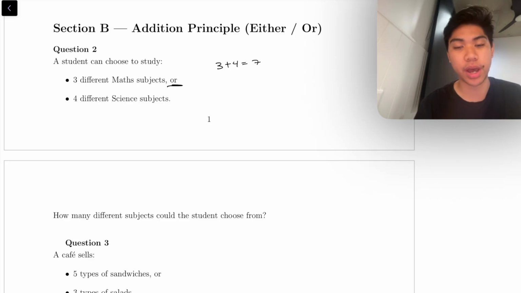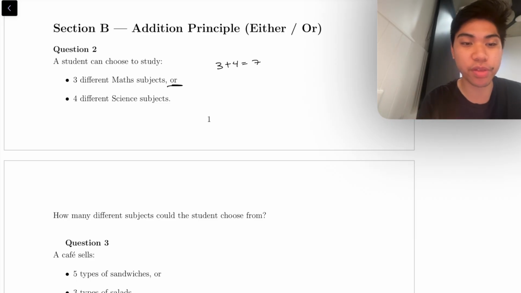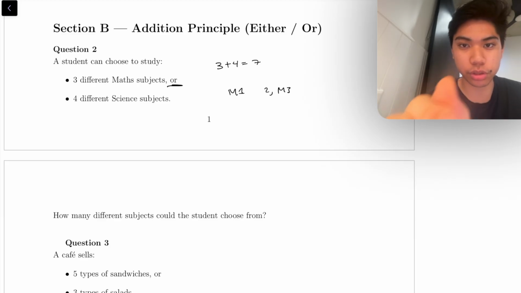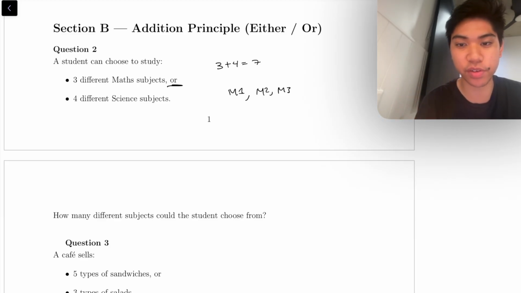Okay, but I guess a way to see that is, imagine we have 3 different math subjects, right? So let's say math 1, math 2, math 3. Okay, I'll just do commas to show that we have different subjects, right? Or we can either study one of 4 different science subjects.